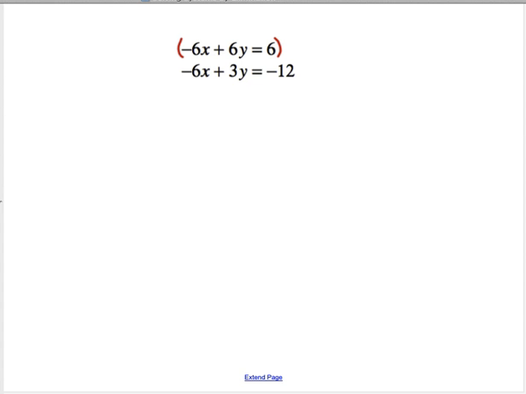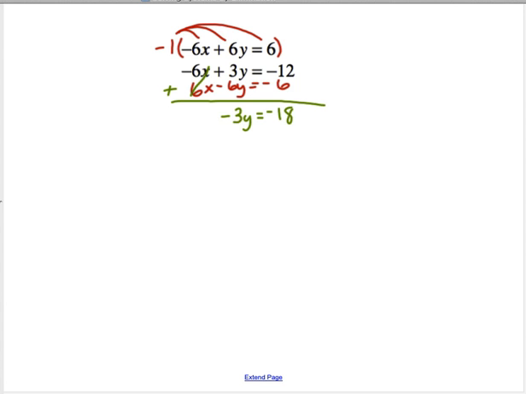The way you change the sign is you multiply through by negative 1, which changes the sign of everything. If you change the sign of one thing, you have to change the sign of everything. Now I have additive inverses of each other, and my x's cancel. 3 minus 6y gives me a negative 3y, equals negative 12 minus 6, which is a negative 18.